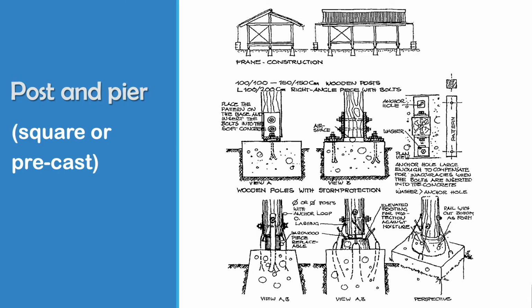More post and pier, the example that we see above, and I'm not going to go into all these details, but these are a little bit more historic looking. So if we had a post and beam situation where our floor, instead of being made with floor joists, were made with beams, we would see a number of isolated footings under each beam.